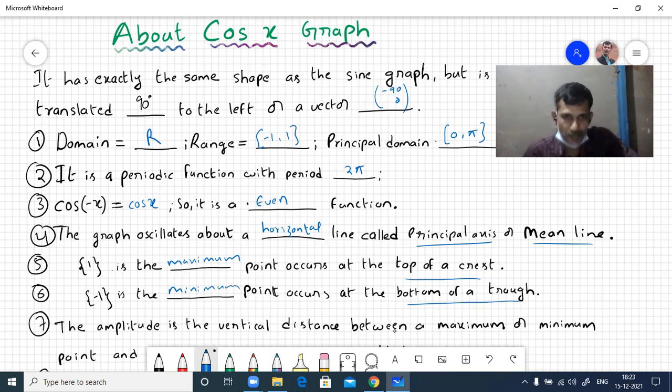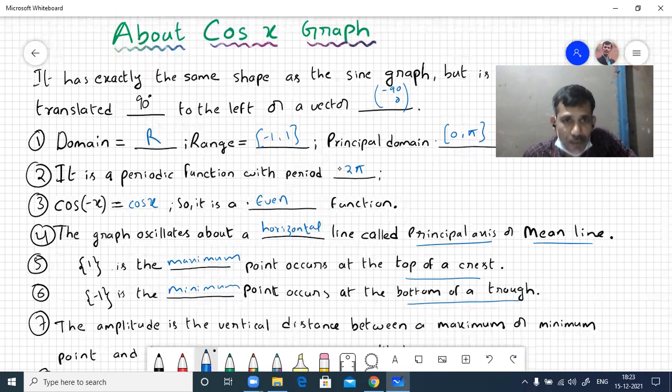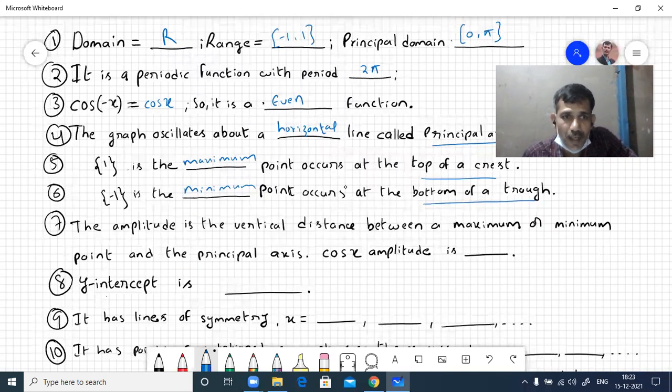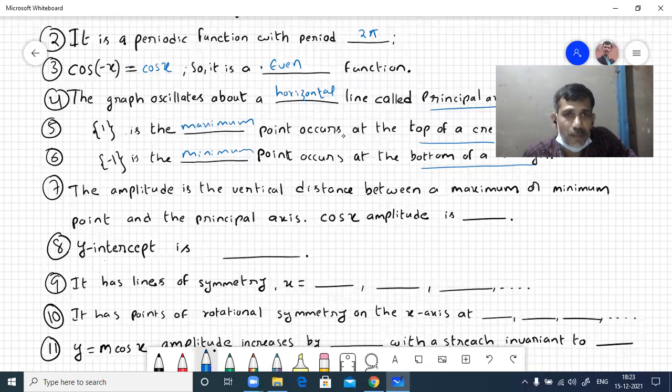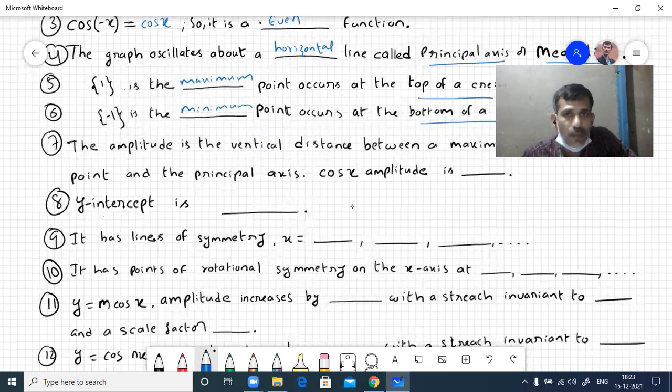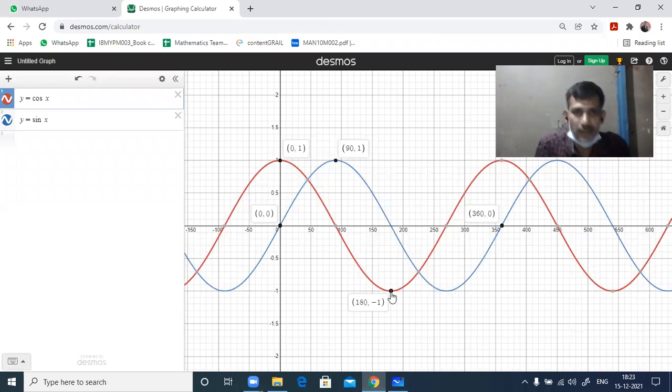Here we have to see about amplitude, okay, and intercept and point symmetry and all. If you want to check the amplitude, see, unlike sin x, it is not passing through the origin, but it has a y intercept at 1.